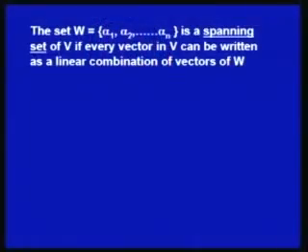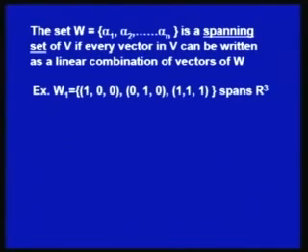We have already defined spanning set of a vector space V as a set W consisting of n vectors alpha 1, alpha 2, alpha n such that every vector in V can be expressed as a linear combination of vectors of W. For example, W1 consisting of three vectors 1 0 0, 0 1 0 and 1 1 1 can span R3, the vector space.